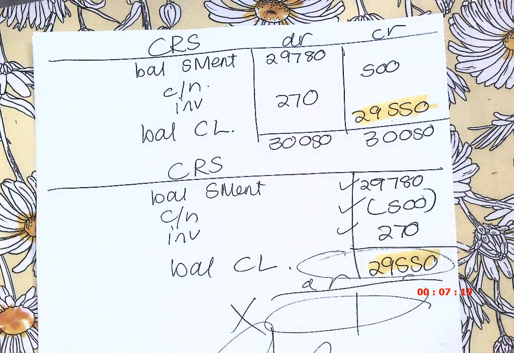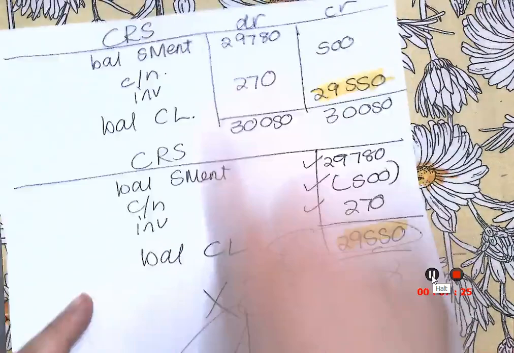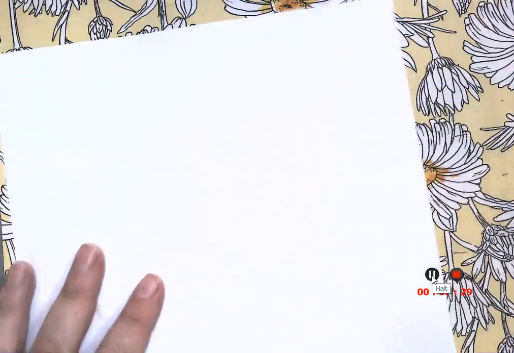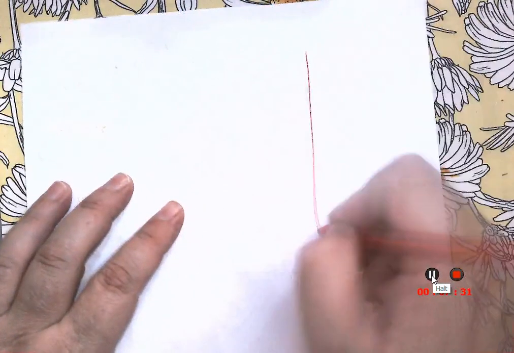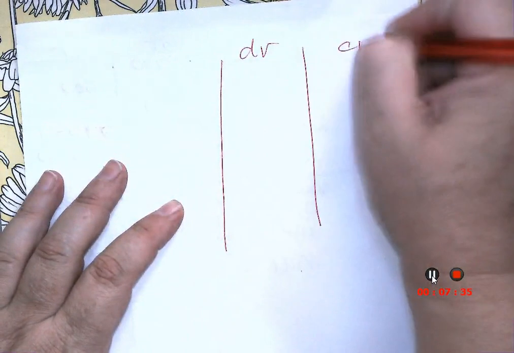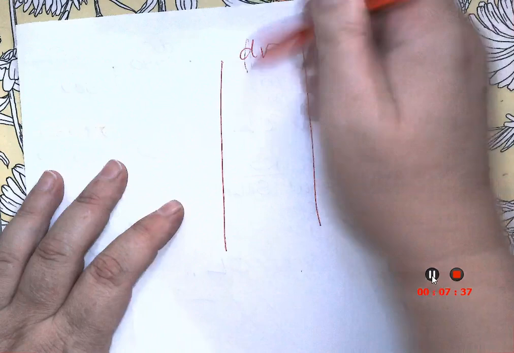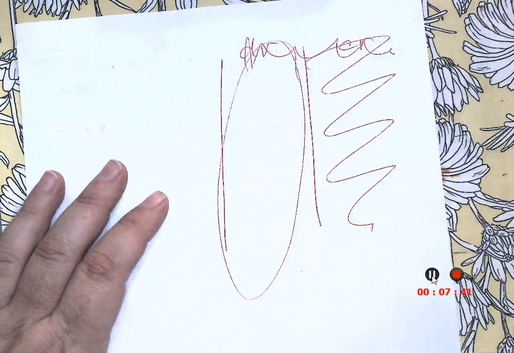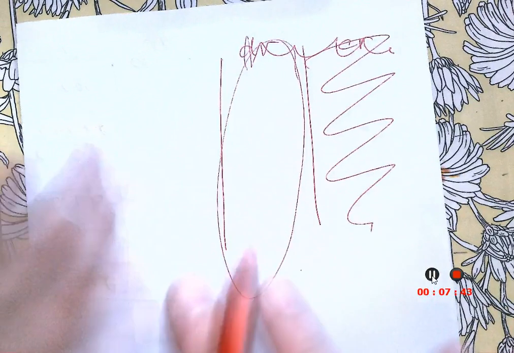Okay, I see a head. So in other words, you choose what method suits you. And then what you do when you get to a paper, you go and you write. Now I give you this method. If this method confuses you, you do this and you work in one column. Because this is an internal book, it's not an official book.